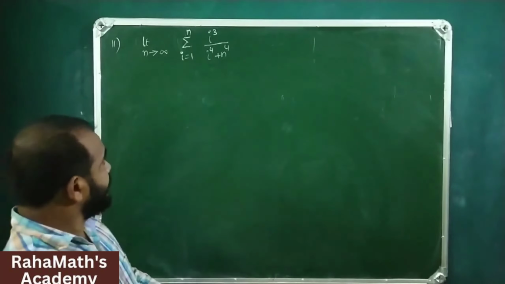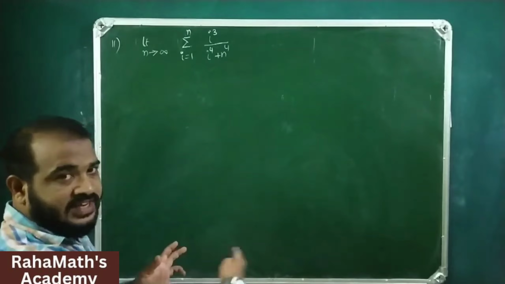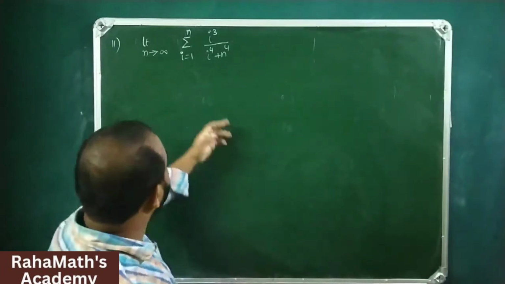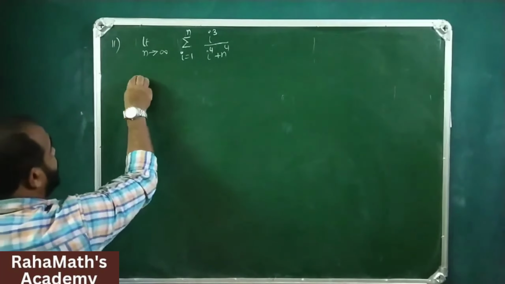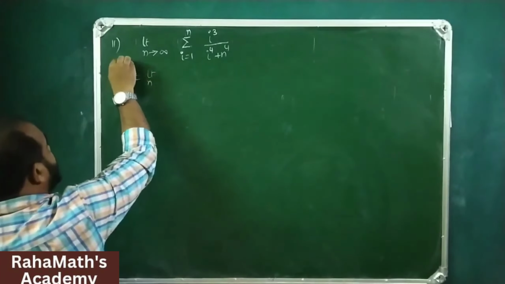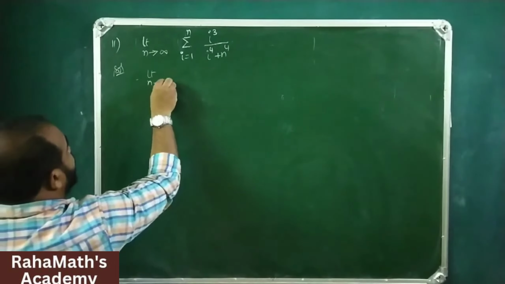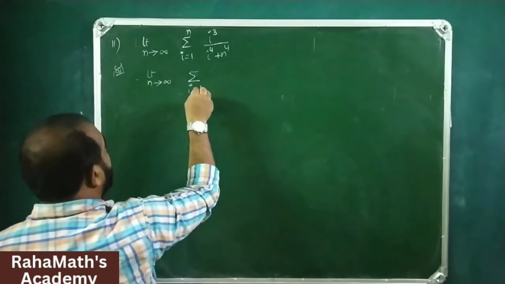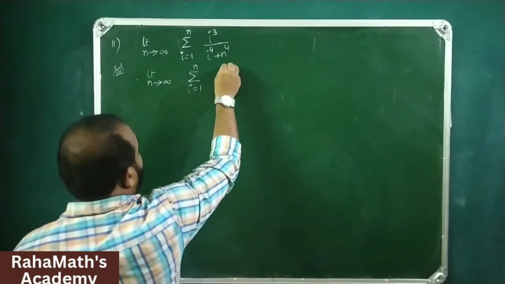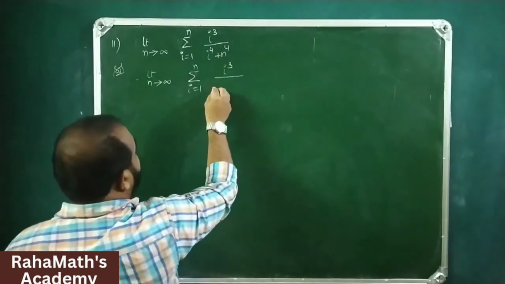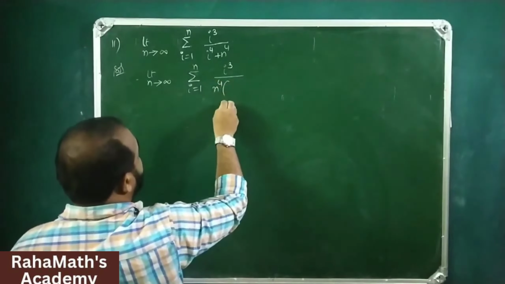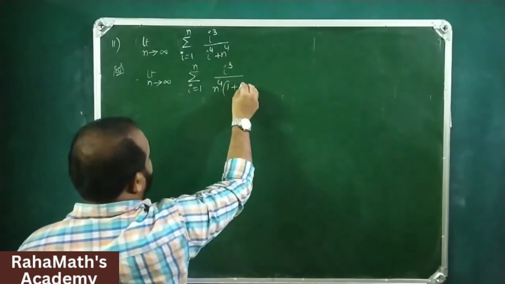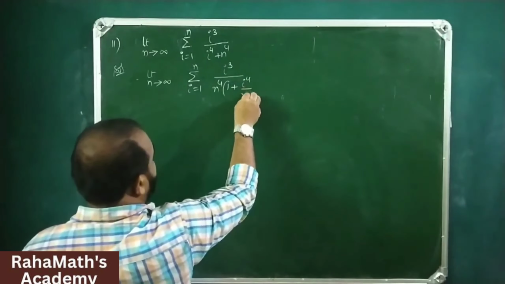It has been giving the series. So with the help of that series, we need to find out the general term. Here it is directly given. So this is equal to the limit as n tends to infinity, sigma i runs from 1 to n, i cube by 1 plus i power 4. If I take n power 4 as common, then this is 1 plus i power 4 by n power 4.